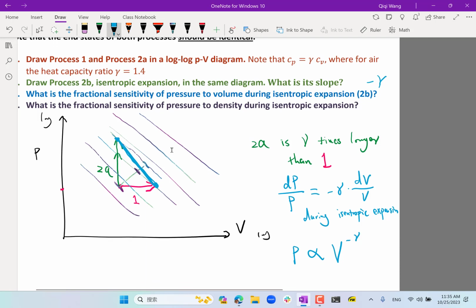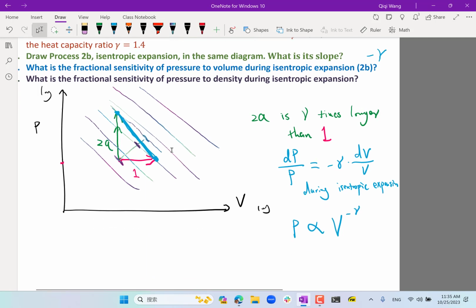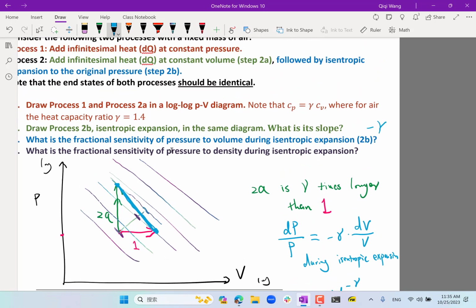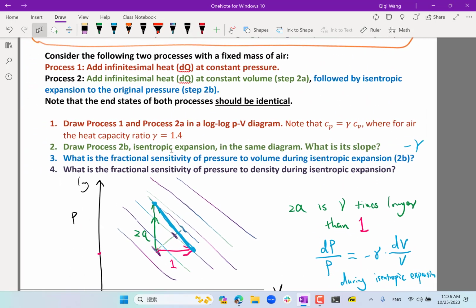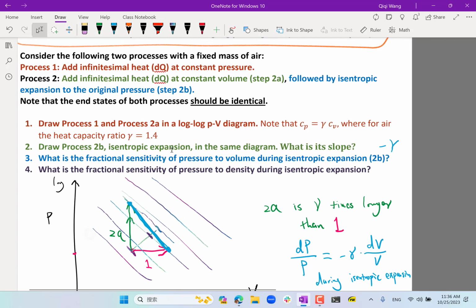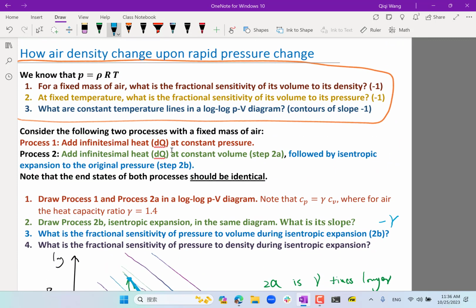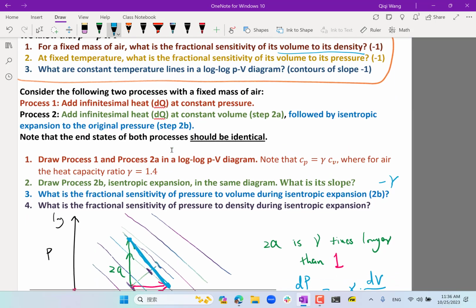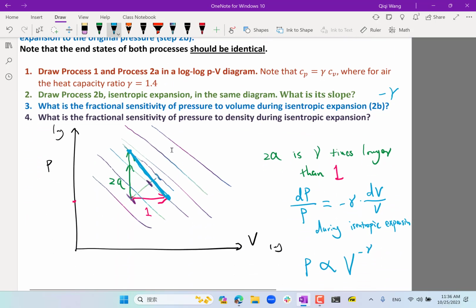Okay, and we also know from the last slide that volume and density have a relationship of -1. That also means that dV over V is equal to minus d rho over rho.